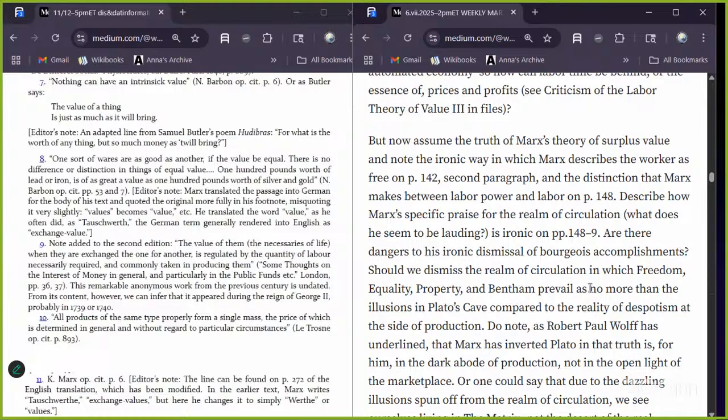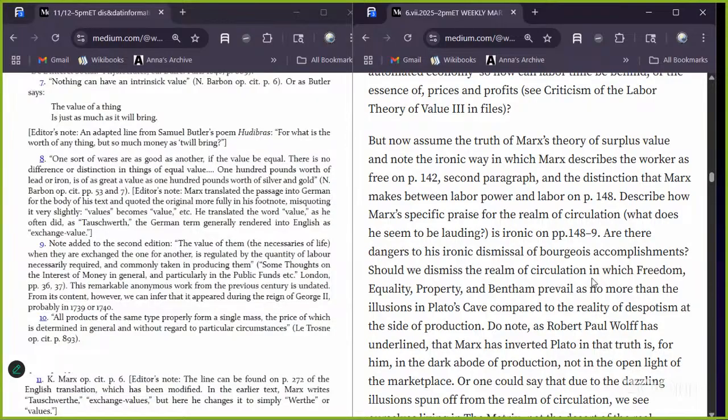Should we dismiss the realm of circulation in which freedom, equality, property, and Bentham prevail as no more than the illusions in Plato's cave, the Plato's cave allegory, compared to the reality of despotism at the site of production?